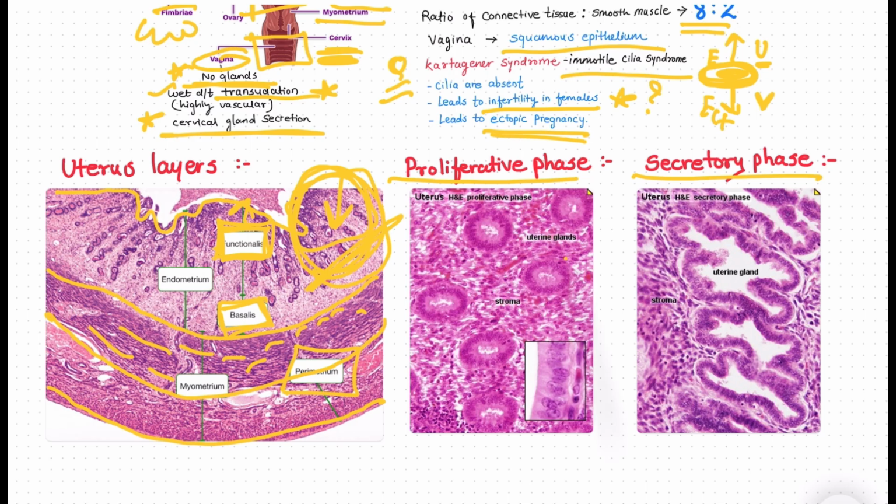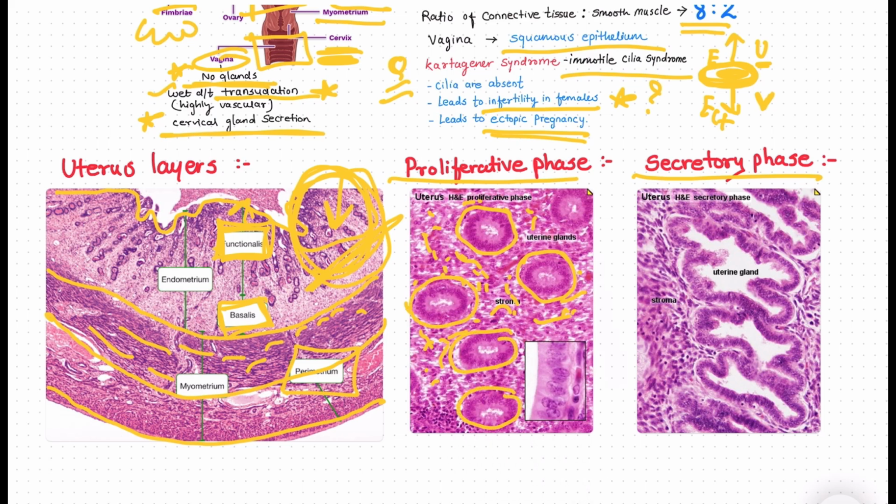See, there is stroma, whatever this is, all stroma. It is like an ocean, and in the ocean you can appreciate some glands. These are islands of glands, just an example.